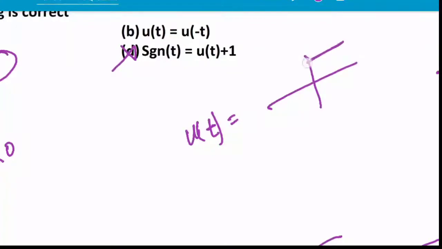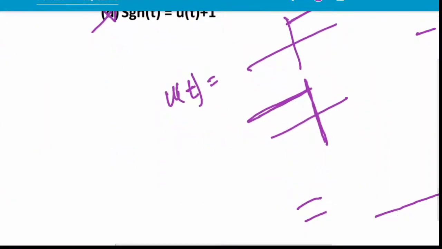This is u(t), and u(minus t) means like this. u(t) is not equal to u(minus t), and u(minus t) is given as 1 for negative t and 0 otherwise.